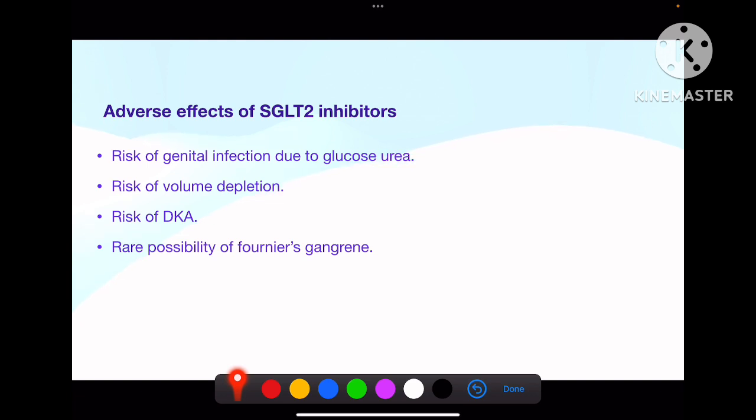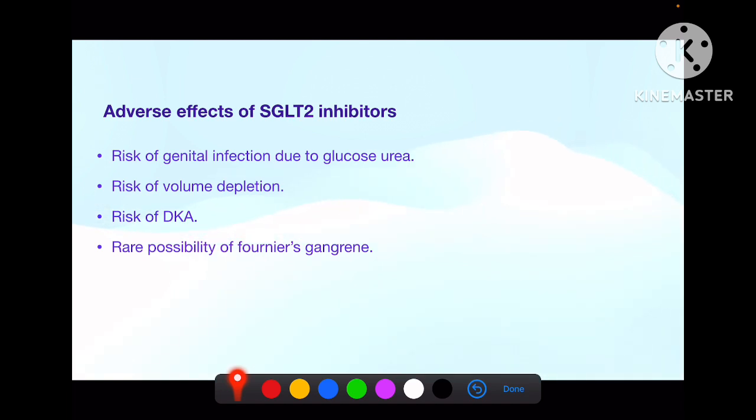What are the adverse effects of SGLT2 inhibitors? Risk of genital infection due to glucose. As I told you, when you give these drugs, it will reduce the glucose reabsorption from the glomeruli, right? Then all the glucose will be excreted with the urine. Then glucosuria can happen.